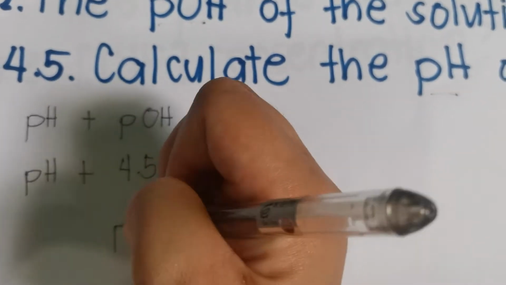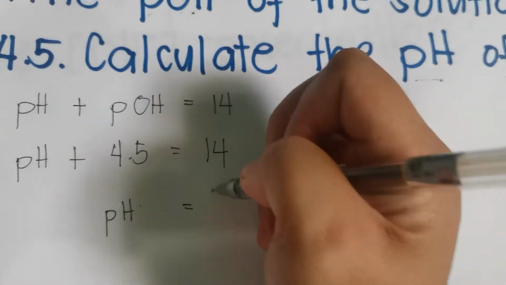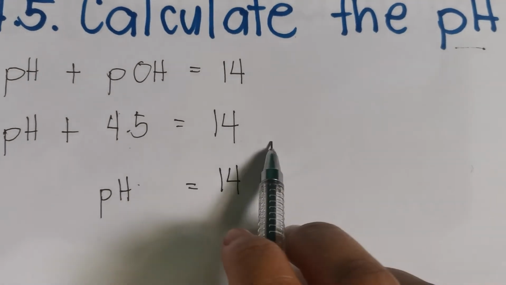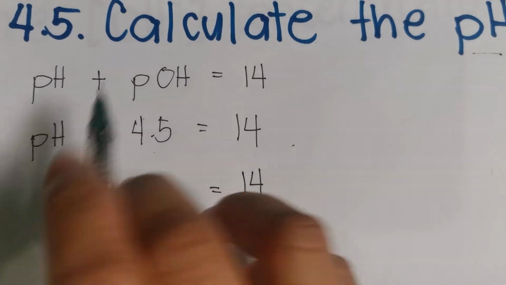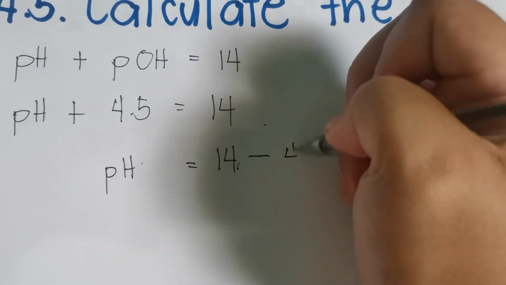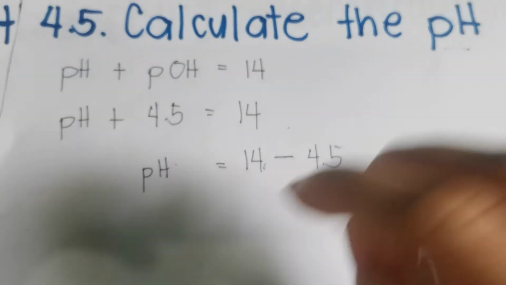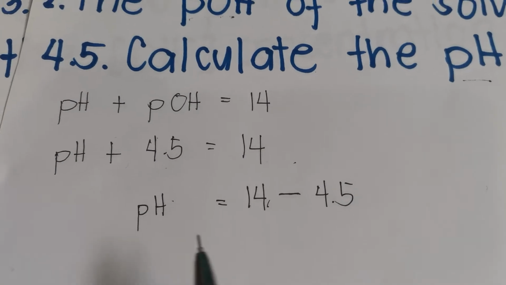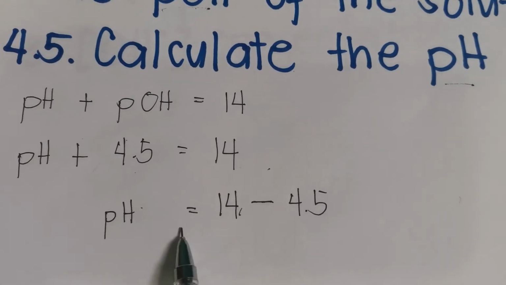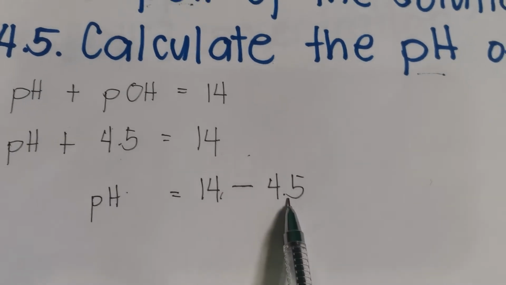So bring down pH, then 14, transpose 4.5 to the other side. This positive will become negative: 14 minus 4.5.